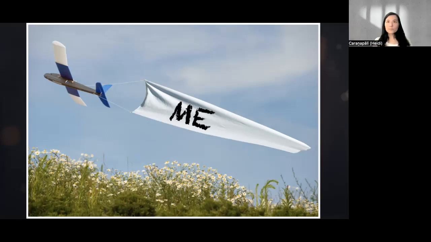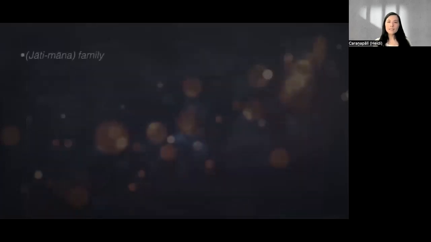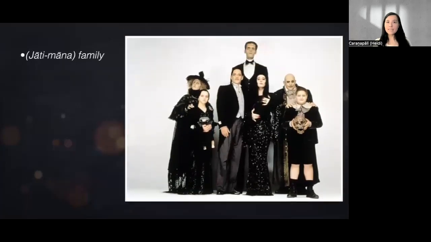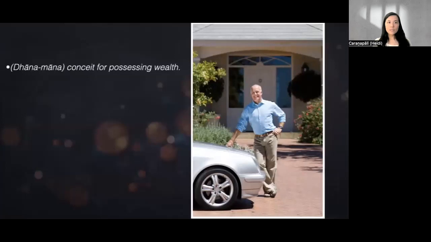Okay, so Māna, arrogance, there can be many different kinds of arrogance. In the text, we can find something called jati Māna. People might be proud of what? Proud of family, proud of where they come from. Or one can be proud of possessing wealth, or being rich.